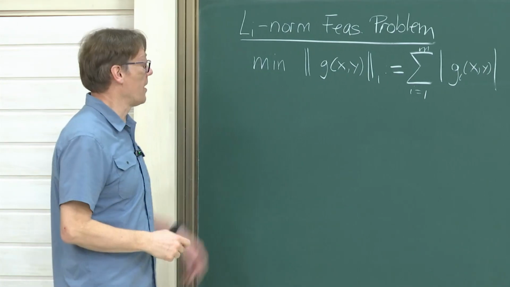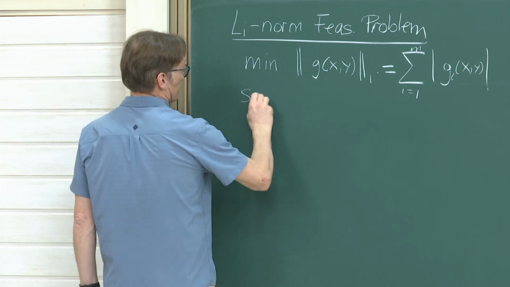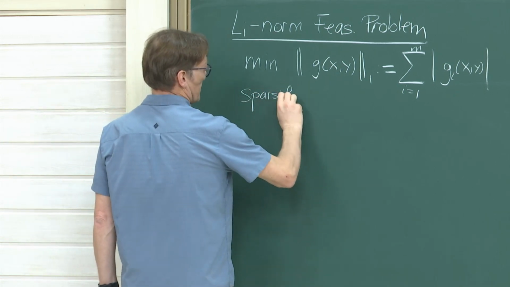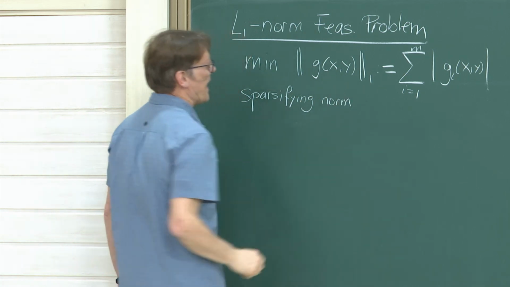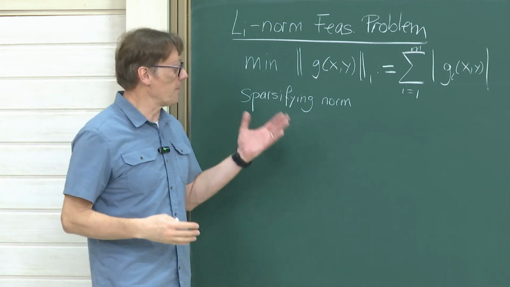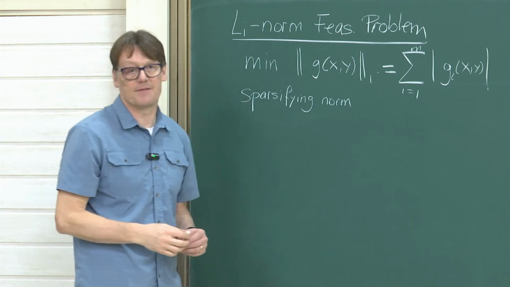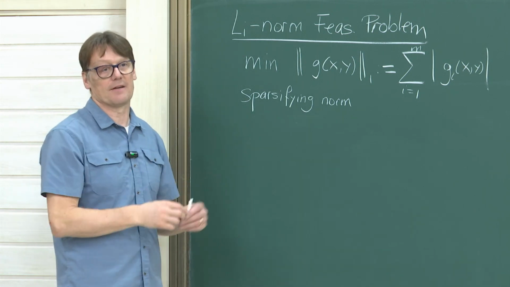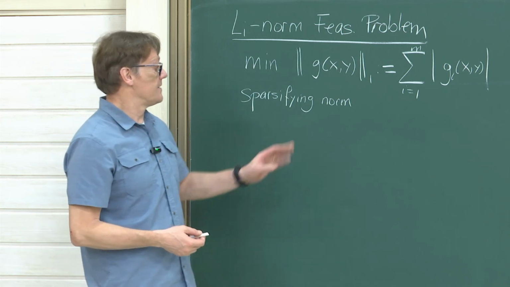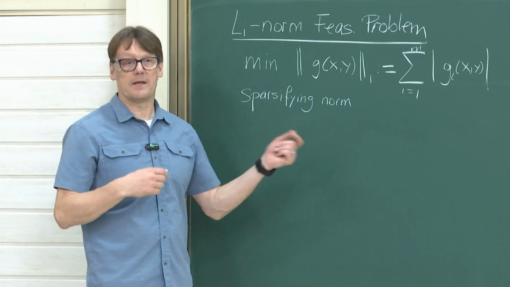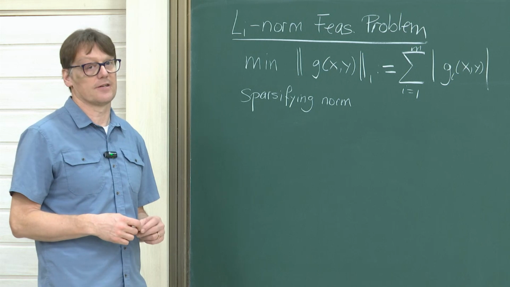When you solve this problem, the one norm is a sparsifying norm. If the problem is infeasible, then it will find the constraints that are preventing it from becoming feasible, or a superset of them. And the sets are not unique, so there could be problems where you just converge to one of them, but that doesn't matter.